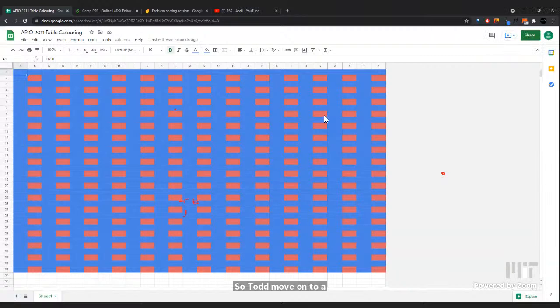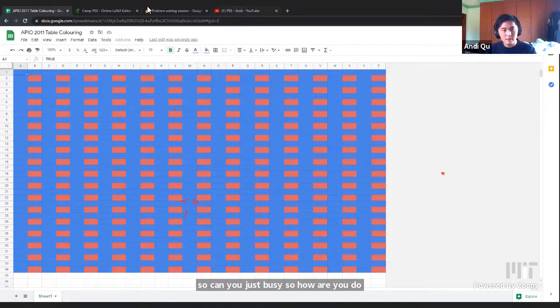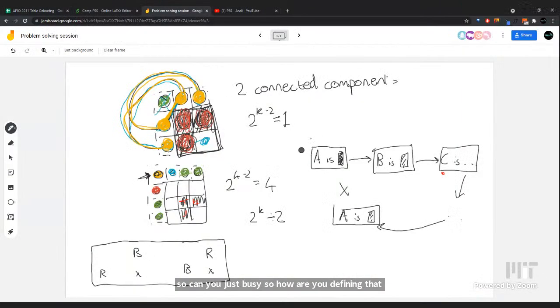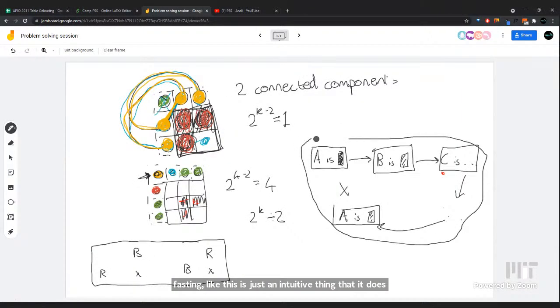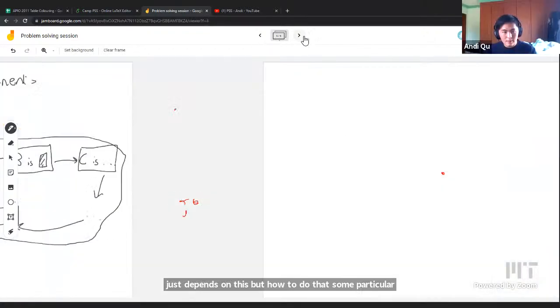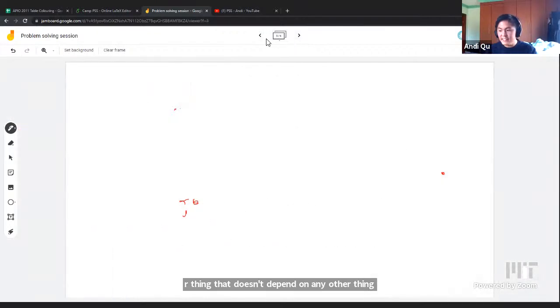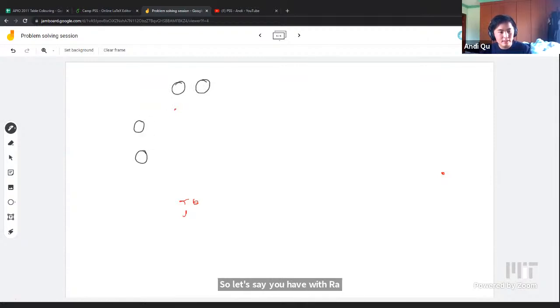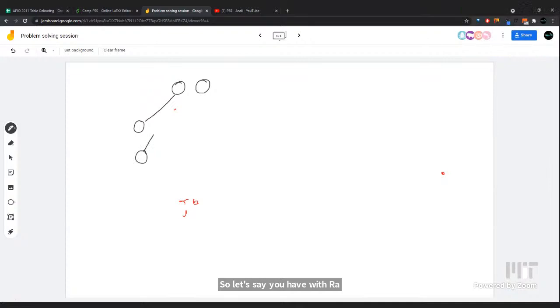Sir, can you just say, how are you defining that path thing? This is just an intuitive thing that this depends on this, but how do you prove that some particular thing doesn't depend on any other thing? Okay, so it can depend on other things. So let's say you have a graph like this. So this is colored in, this is colored in, and this is colored in.